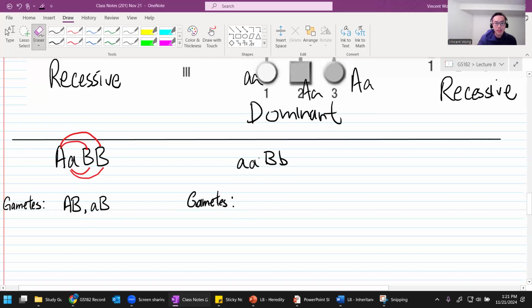So here we can take the small a, combine it with the big B, and then small a combined with the small b. And similarly, small a, big B, same thing, not going to write it again. Small a, small b, same thing, not going to write it again. Okay, let's try one more.